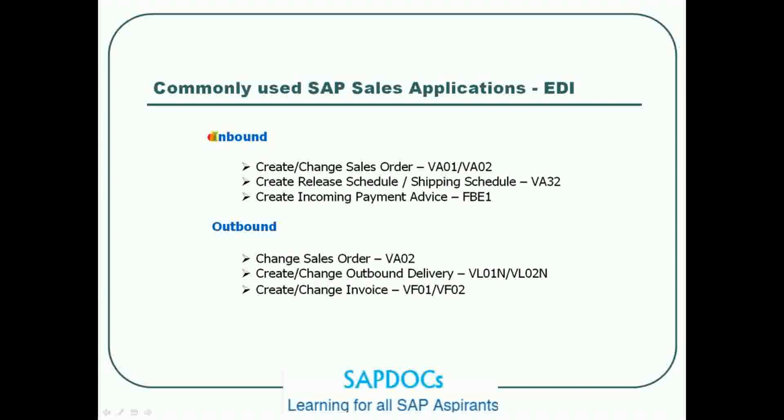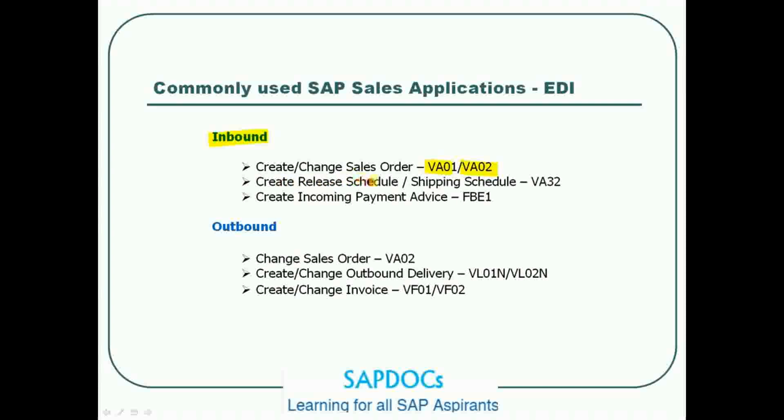From the sales side, on the inbound, for example, when you are a supplier to a customer, the customer sends you the purchase order, which becomes a sales order in your system. And the transactions used are VS01 and VS02. These are transaction codes.